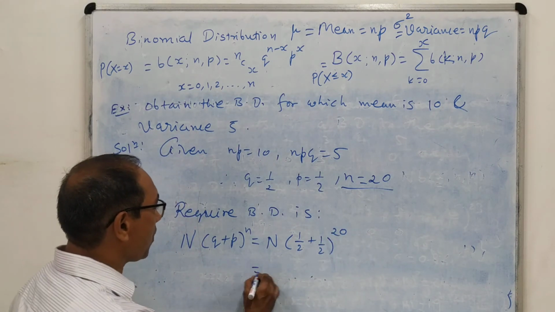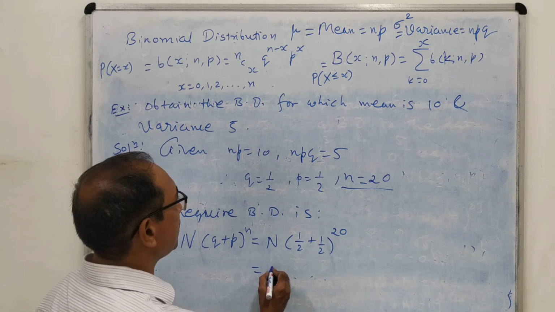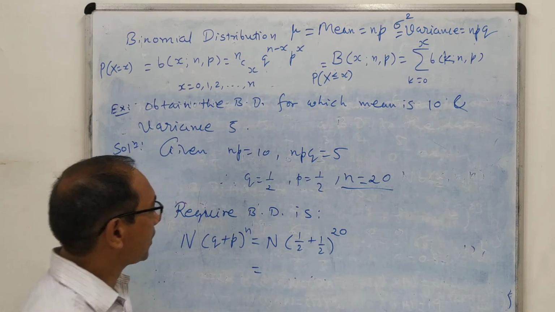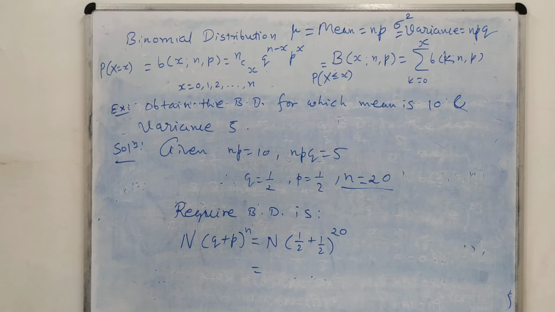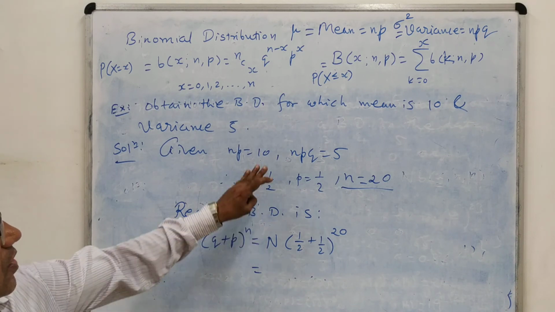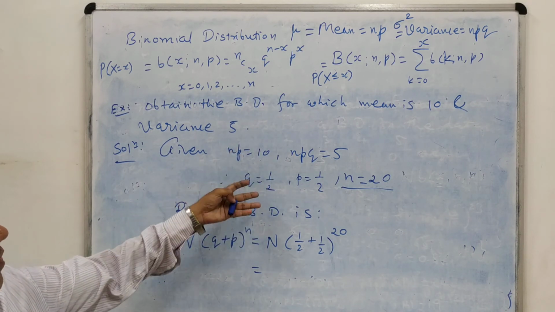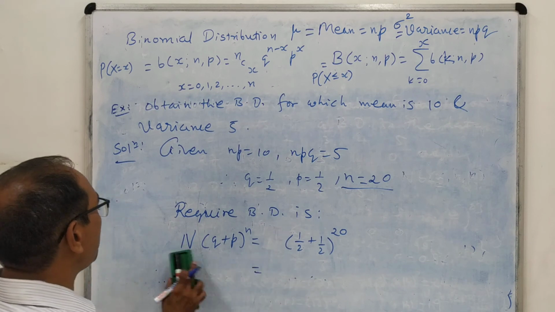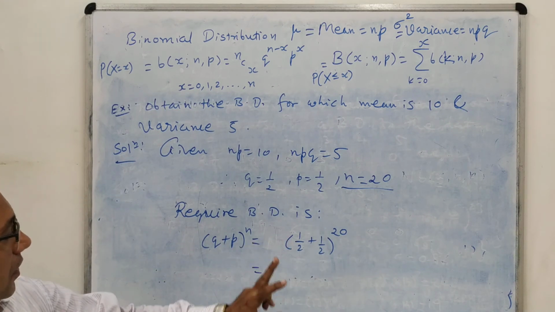Or else if you want to put in more effort, then capital N into the binomial distribution, but here capital N is not given. So you can write down this only.